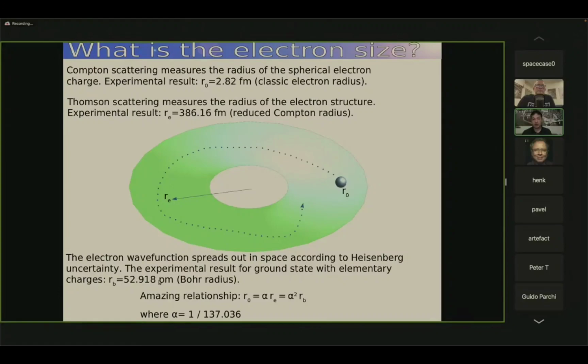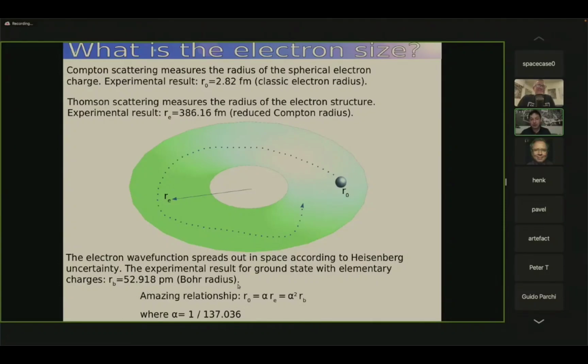And the experimental result for a ground state with elementary charges, one positive, one negative, is the well-known Bohr radius, which is 52.9 picometers. So we can consider these three different measurements give three completely different electron sizes. Wow, that's confusing, but there is a very amazing relationship between them.